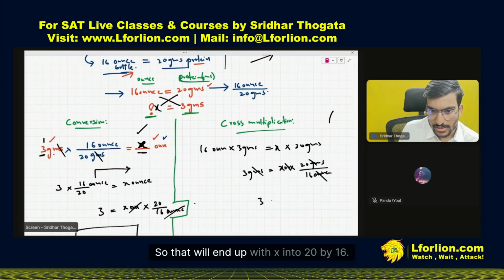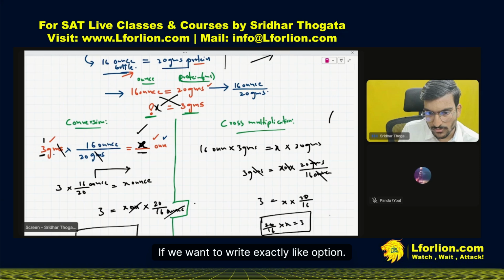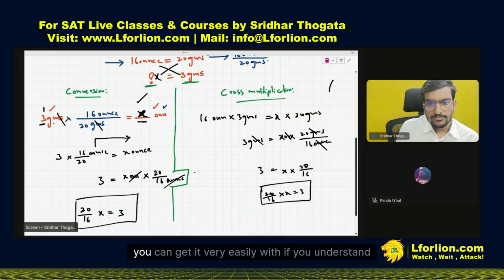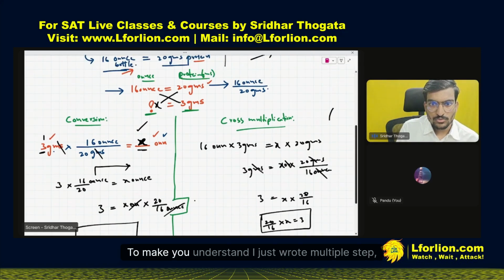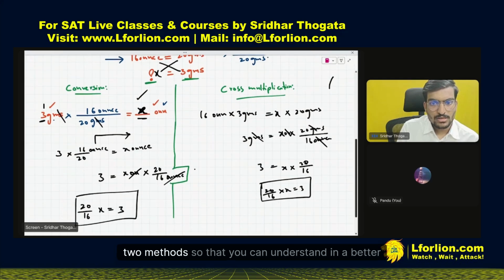That ends up with x into 20 by 16. 20 by 16 into x equals 3, if we want to write exactly like the option. If you're good at calculating, you don't need to calculate this long, you can get it very easily if you understand the question. To make you understand, I wrote many steps and two methods, so that you can understand in a better way. Done.